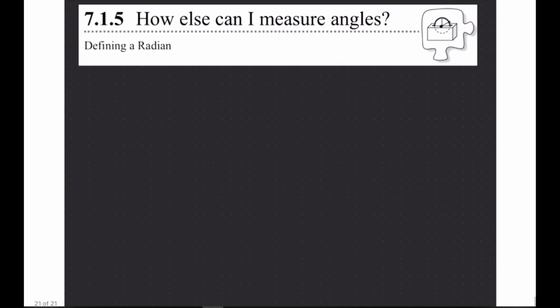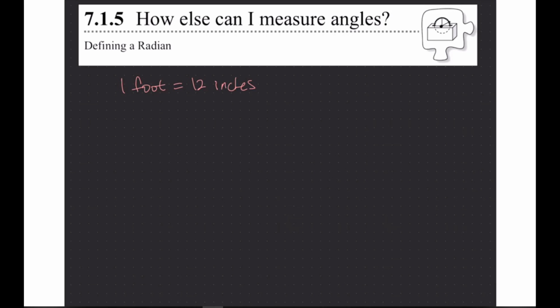All right. So when it comes to radians, the question is how else can I measure angles? You can measure them by these things called radians. It's no different than, is 1 foot equal to 12 inches? Yes. It's the same thing, right?